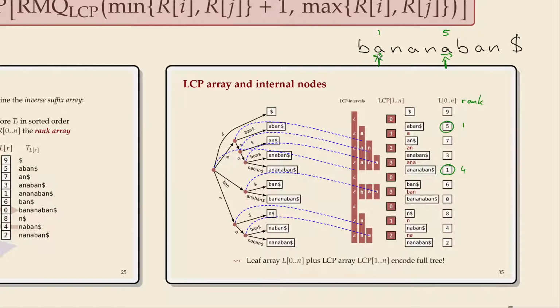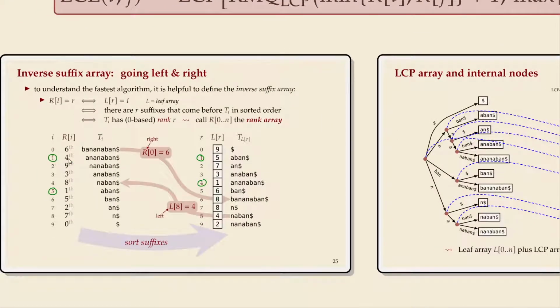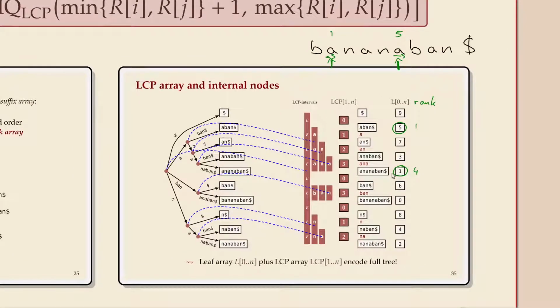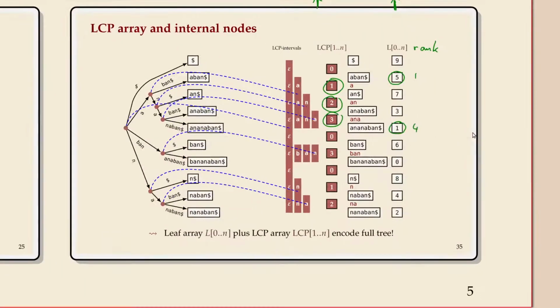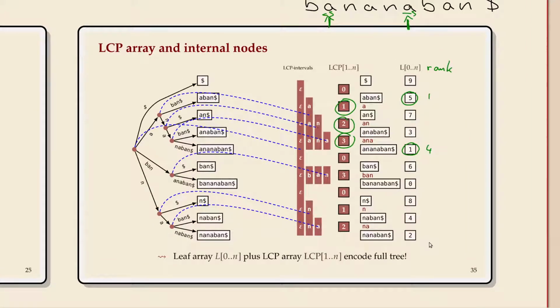I'm trying to find the longest common extension of anaban and aban, or the longest common extension of these positions 1 and 5 in this string, really. I use the rank array to find where in the sorted list I find these two suffixes. Then when I found them here, I can use the LCP array entries here. Those are the lengths of these overlaps between adjacent suffixes in sorted order.